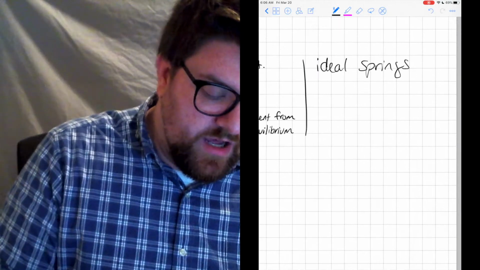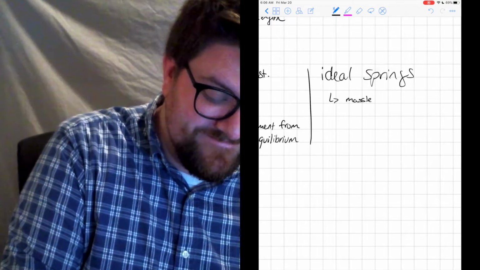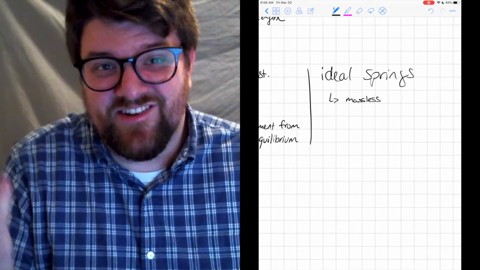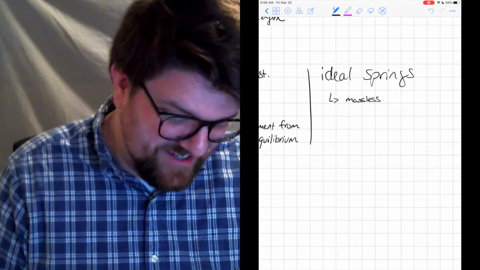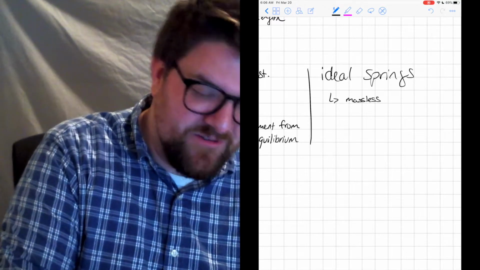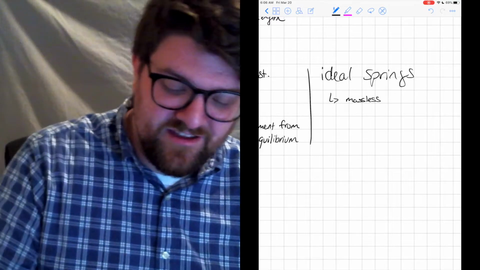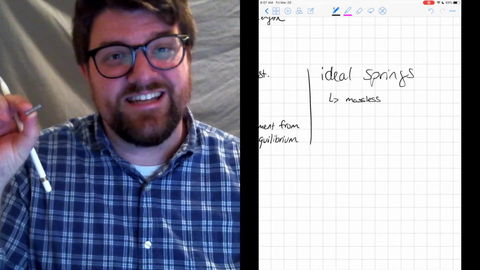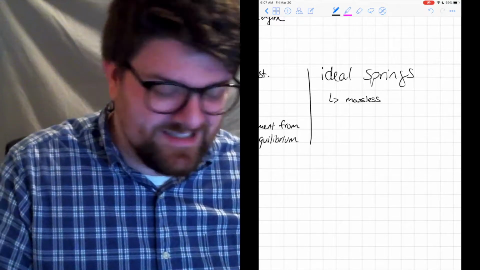When we're talking about ideal springs, we're saying that they are massless. Again, is that a good assumption? We could do worse. If we're thinking about shocks on a car, probably not massless. If we're thinking about a spring inside a ballpoint pen, it's pretty massless.